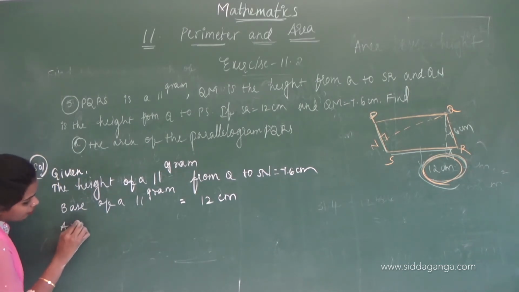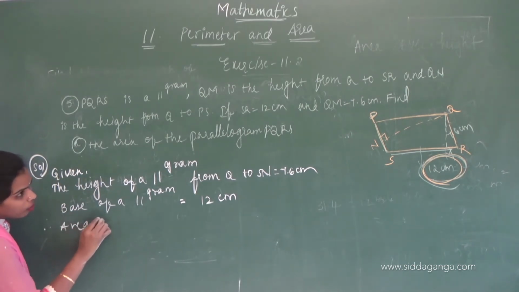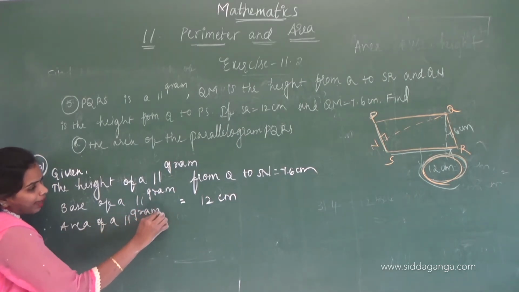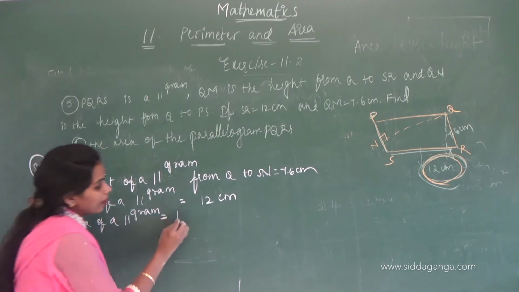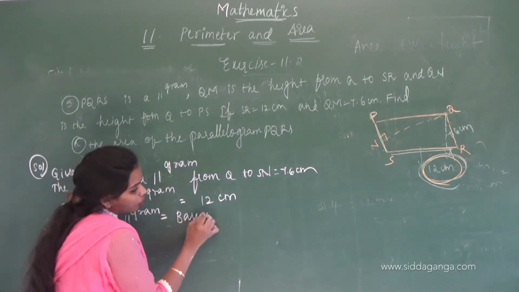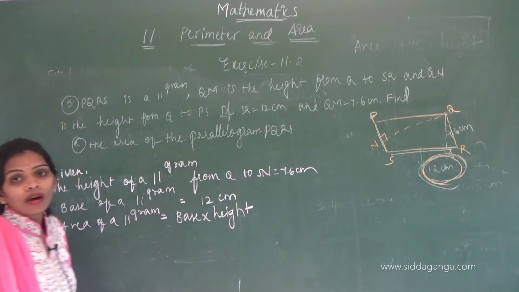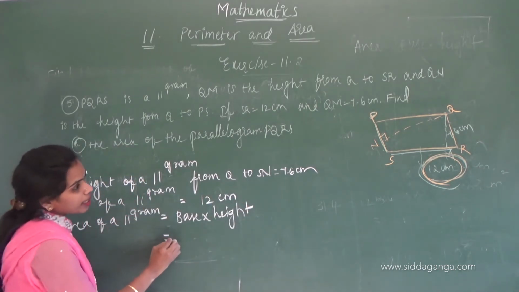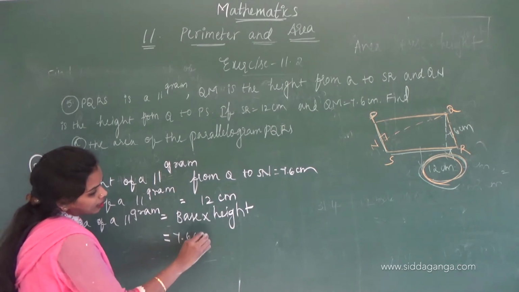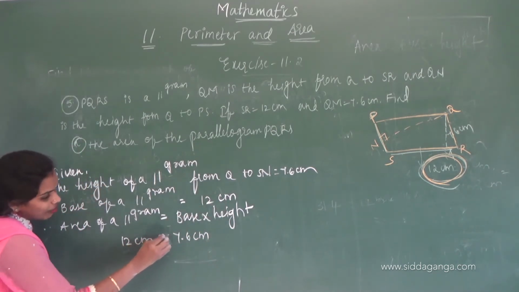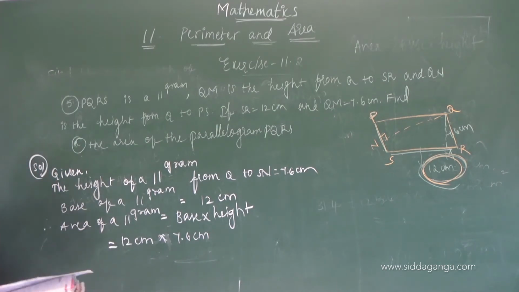Therefore, the area of a parallelogram equals base into height. We are all familiar with this formula. What is base? 12 centimeters into height 7.6 centimeters.